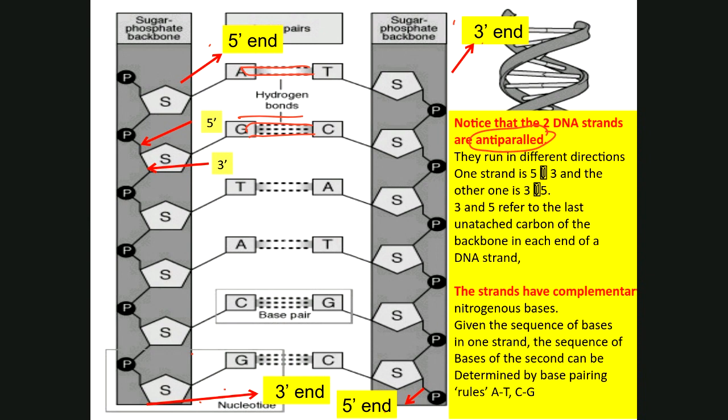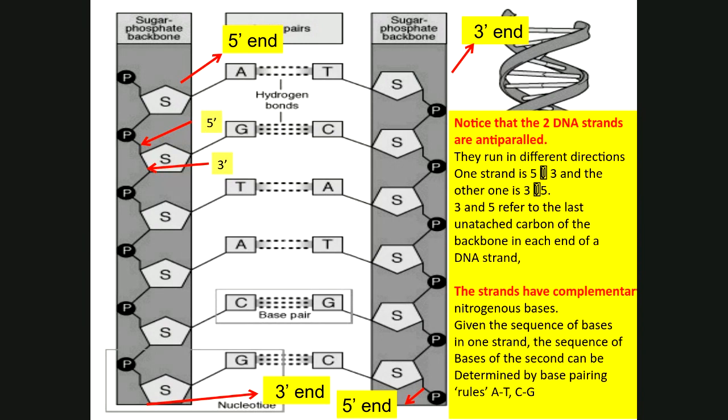Another characteristic of DNA is that the molecules are complementary. What that means is that G's always bind with C's, A's always bind with T's, so that if you were to have one strand, you could find what the sequence of nitrogenous bases in the other strand is by putting the complementary base.